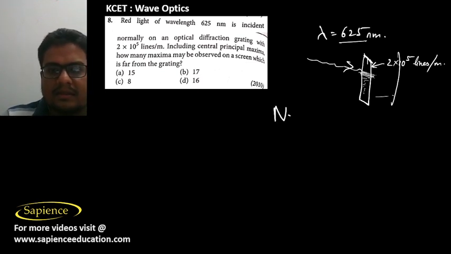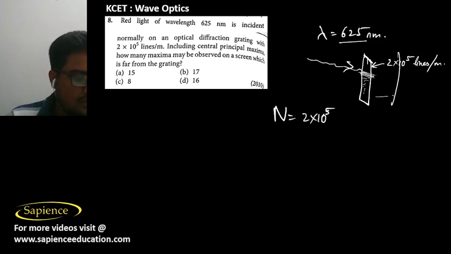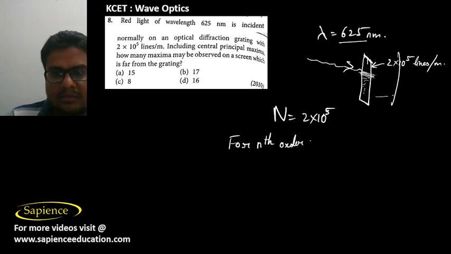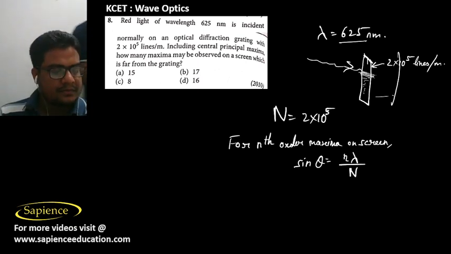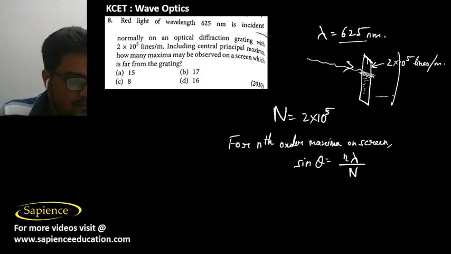So if n is the number of lines per meter, which is 2 into 10 power 5, then for the nth order maxima on the screen, the angle theta is given as sine theta equal to n lambda by n. And this theta is called the angle of diffraction.